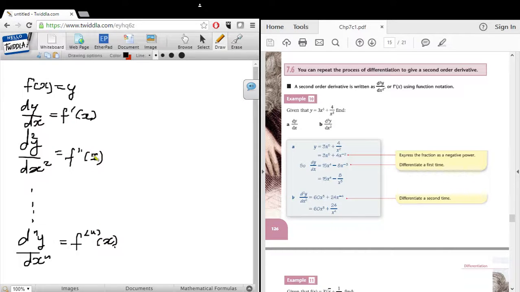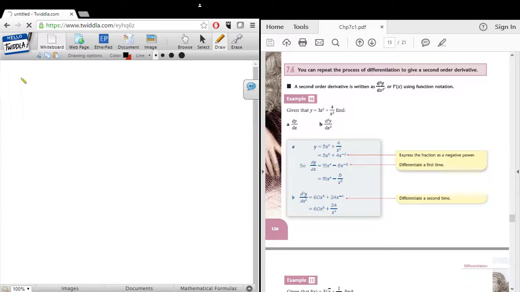It's very important for you to remember. Now if we have y equals 3x to the power of 5 plus 4x squared, then dy dx will be 15 x to the power of 4.